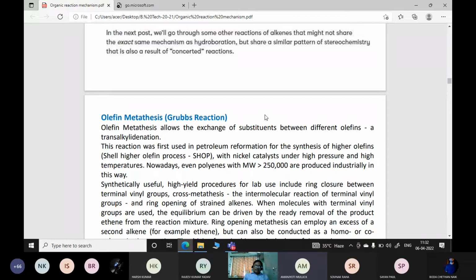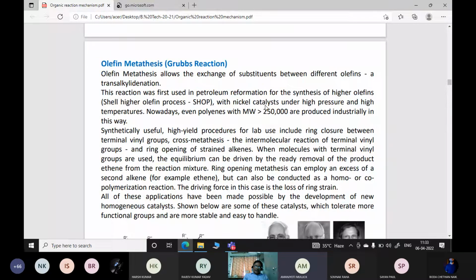So in that respect, the olefin metathesis reaction is quite a new reaction, within 20 to 25 years. First of all, I will tell you the importance of the metathesis reaction.